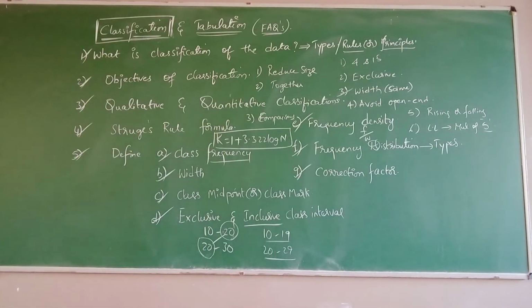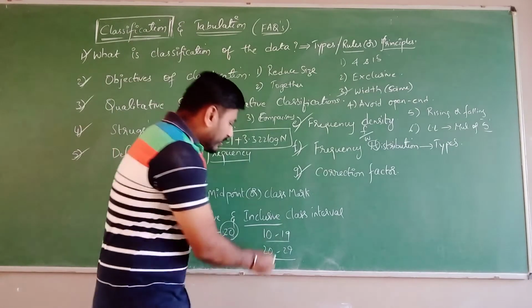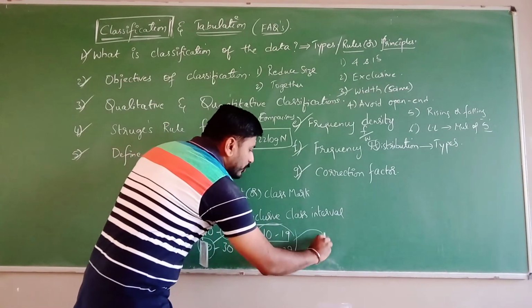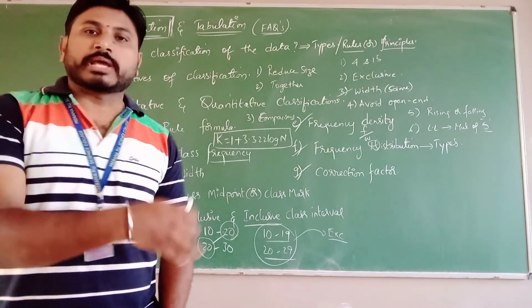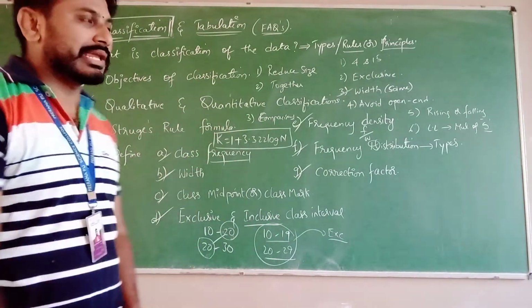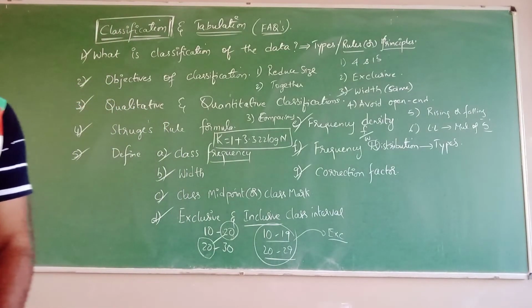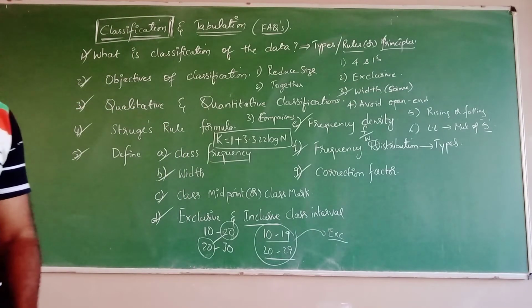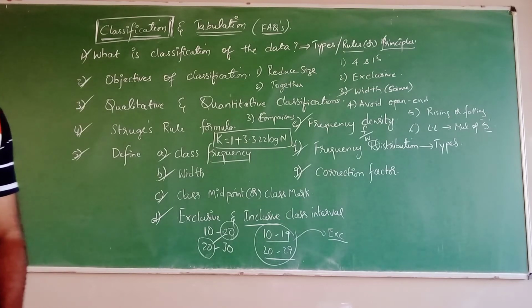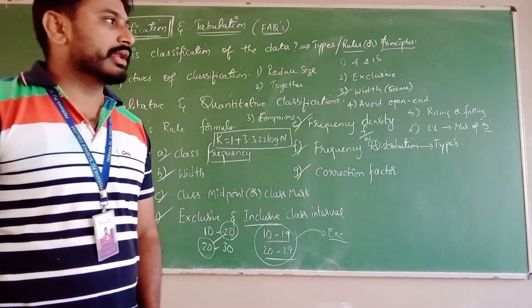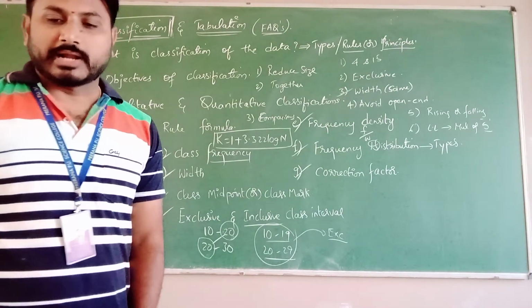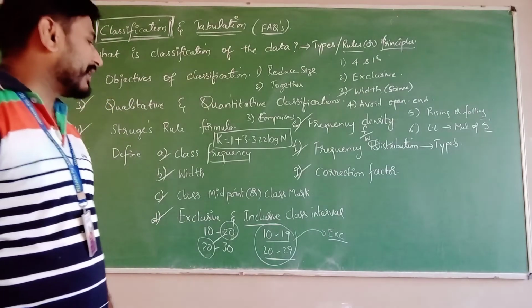Next, what is correction factor? Whenever you want to convert an inclusive type to an exclusive type of class interval, we use the correction factor. What is the meaning of correction factor? Half of the difference between the upper limit of the preceding class and the lower limit of the next class.